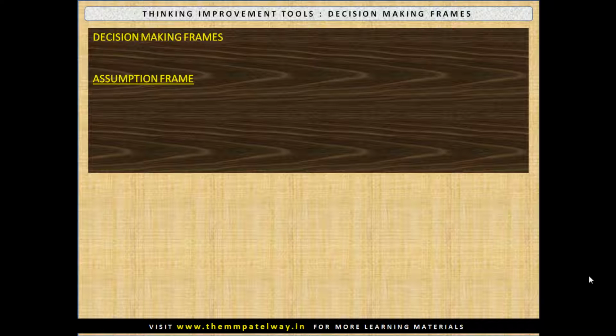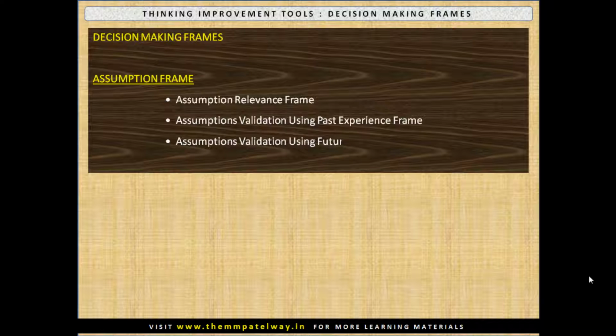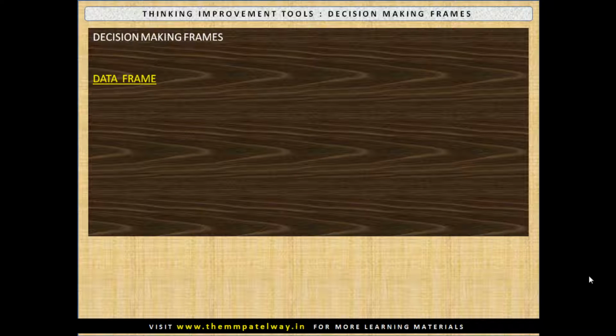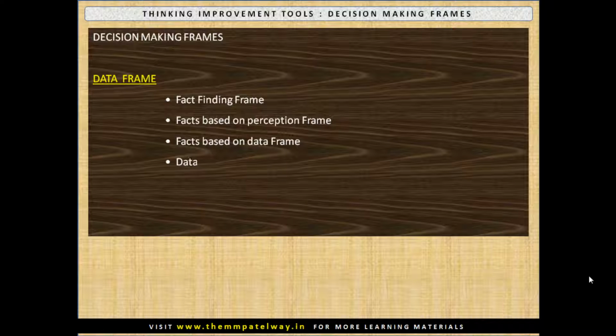The first frame is assumption frame. Assumption relevance, validation using past experience, validation using future projection, and validation using current details and facts frame. Data frame, fact finding, facts based on perception, facts based on data, data collection, data relevance, data filtration, and data analysis frame.